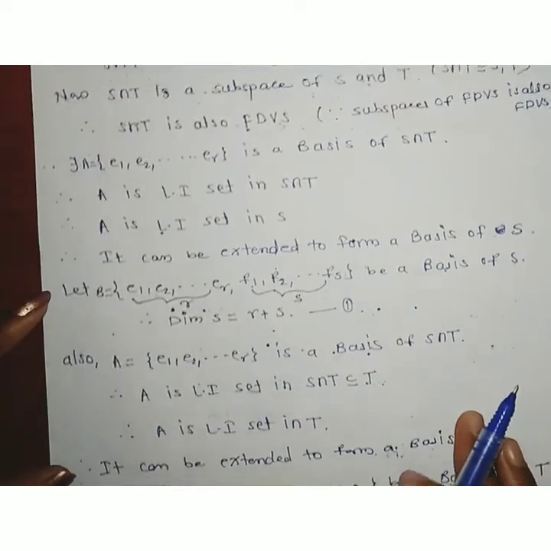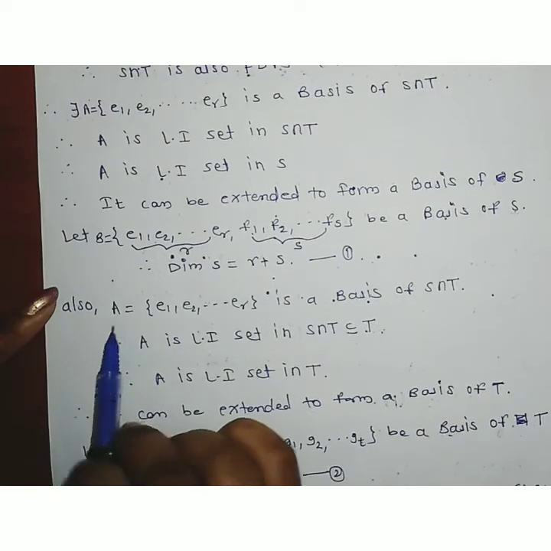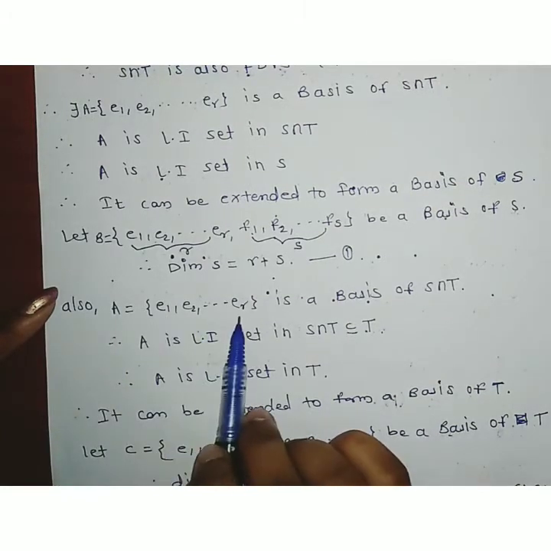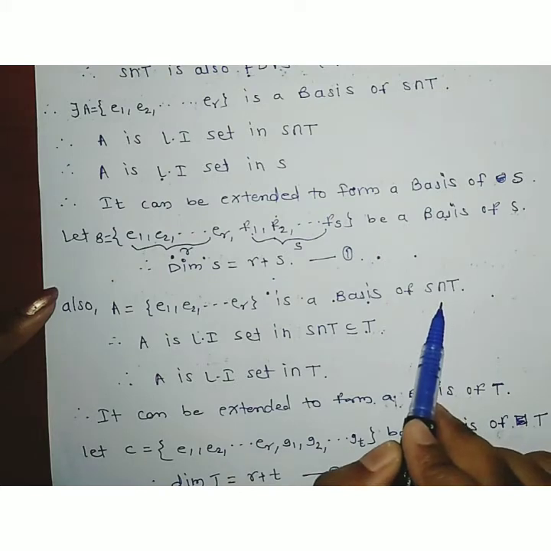Now also, A is equal to the set {e1, e2, ..., er}, which is a basis of S intersection T. This is already known.